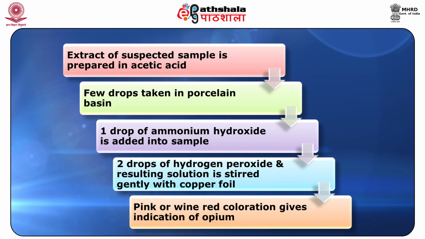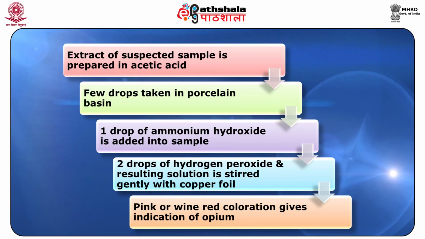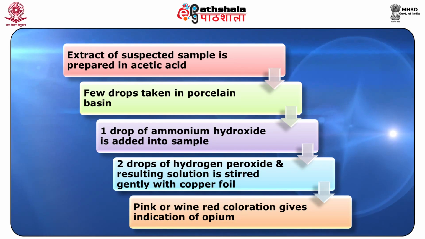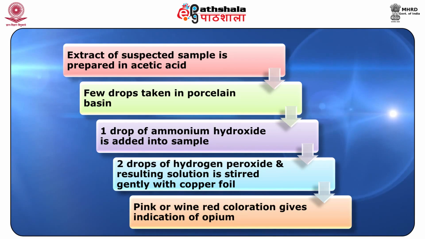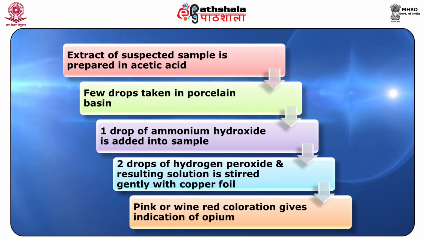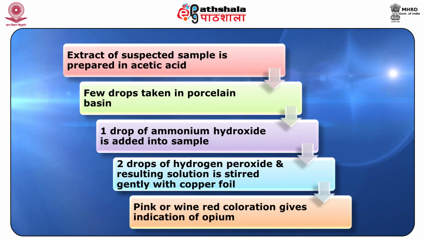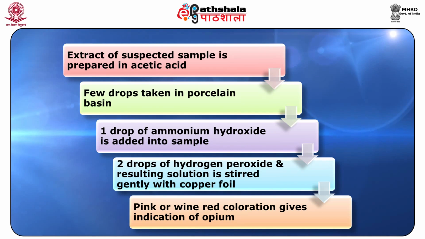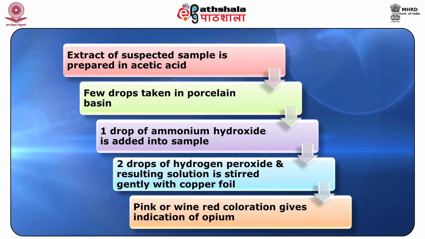The resulting solution is stirred gently with a copper foil. Pink or wine red coloration gives the indication of opium presence. Codeine and diamorphine do not respond to these tests.